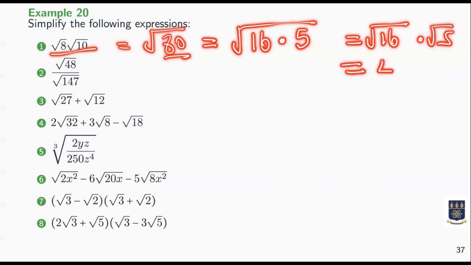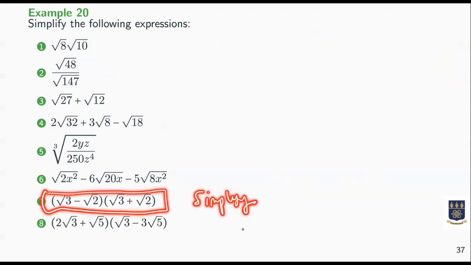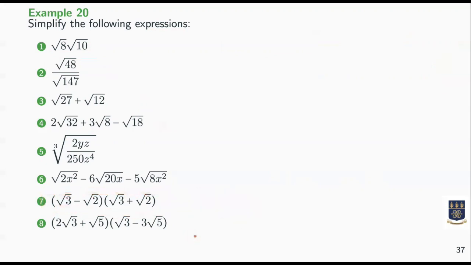Square root of 16 is 4. So this becomes 4 times the root of 5. And we leave it this way. So we'll use that to reduce all of these. With these ones, we will multiply them out and simplify. So we'll get to that as well.